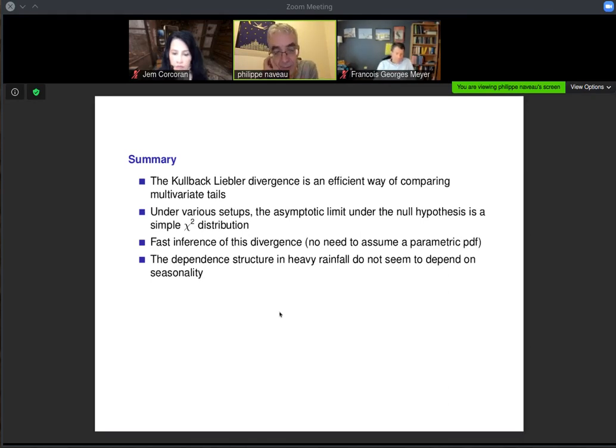This is nice because it's easy and fast to compute, and you don't have to fit a parametric model. Under various setups, the limiting distribution of the estimator of the Kullback-Leibler divergence is simply a chi-square distribution, which is also very easy to handle.